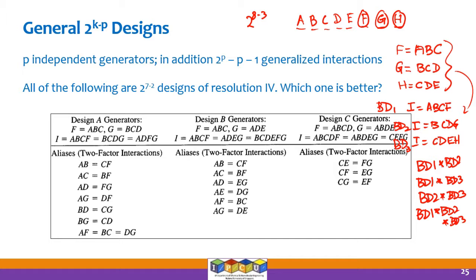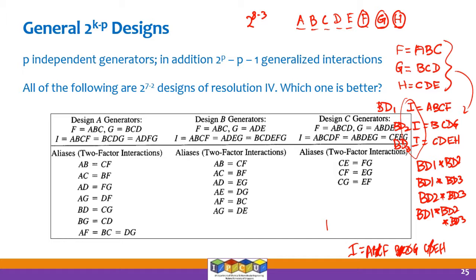All right. So if I do the last one, it will be like taking the three basic generators and multiplying the left hand side. So I is equal to I multiplied by I, which will be equal to I, is equal to ABCF multiplying with BCDG, and that multiplies with CDEH, because these are the three basic generators. So now BC here will multiply with BC here to get B squared C squared, and that will go away. And then you can take this D and this D, and they will go away.